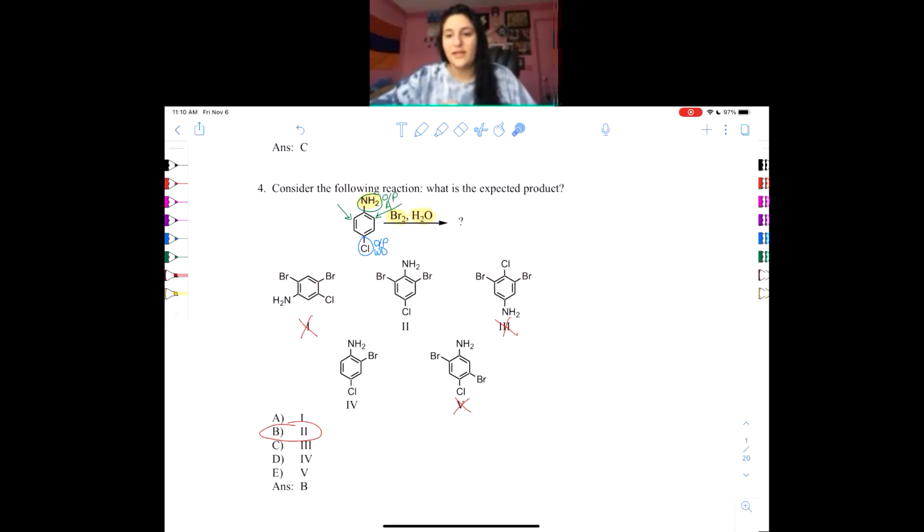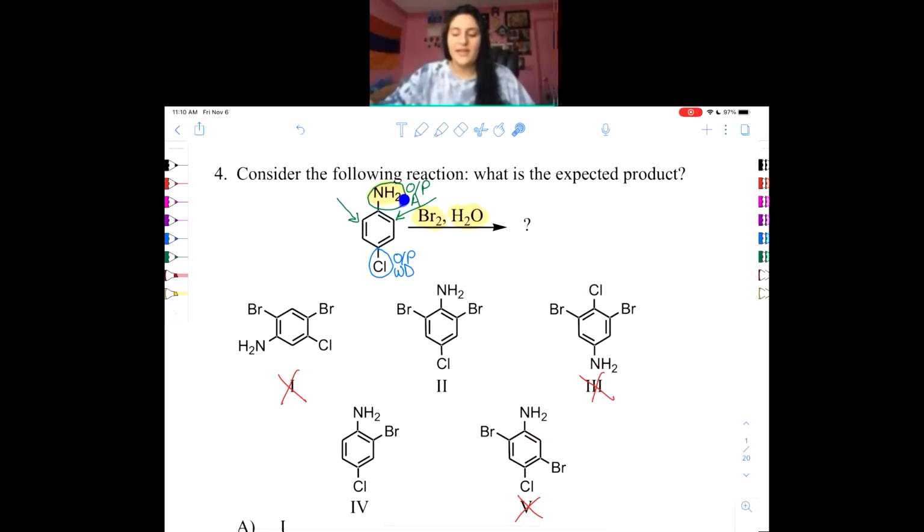Okay, someone said, what if there was Br2 and H2O, but not NH2? So again, this is going to happen only when you have an NH2, a Br2, and an H2O, because NH2 is such a strong activator. It's going to activate the ring so much that when you have this set of reagents, it will fully substitute, aka it will substitute all of the positions that the director is directing to.